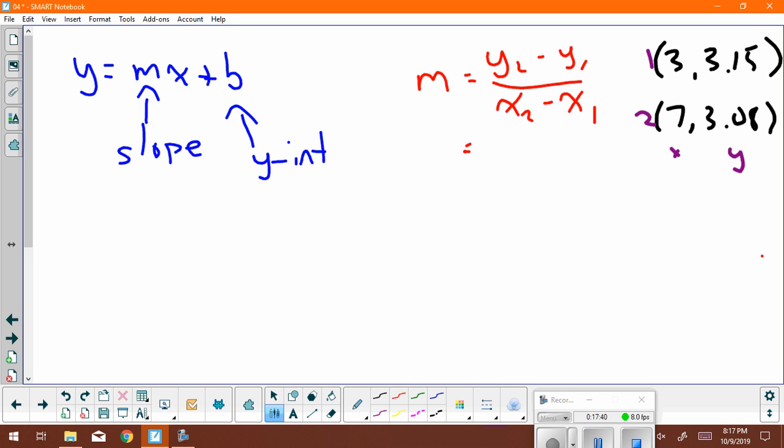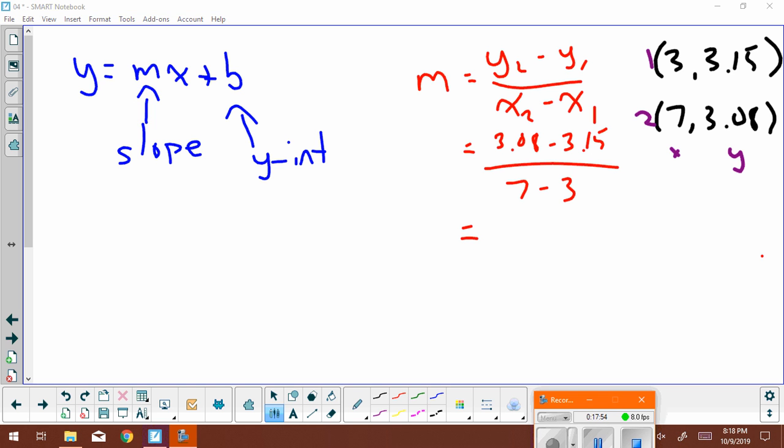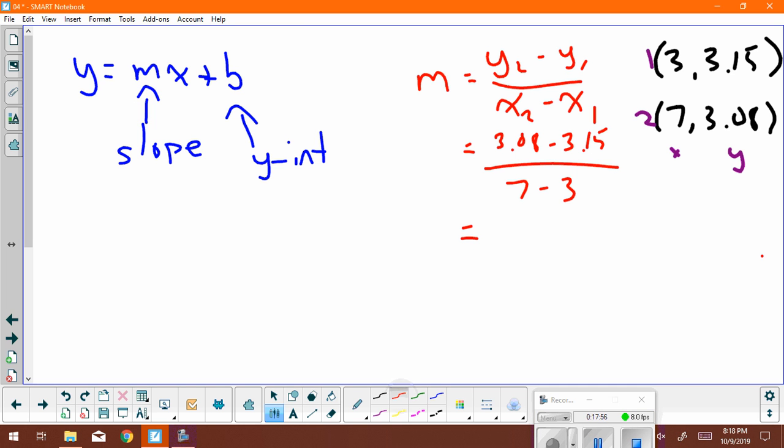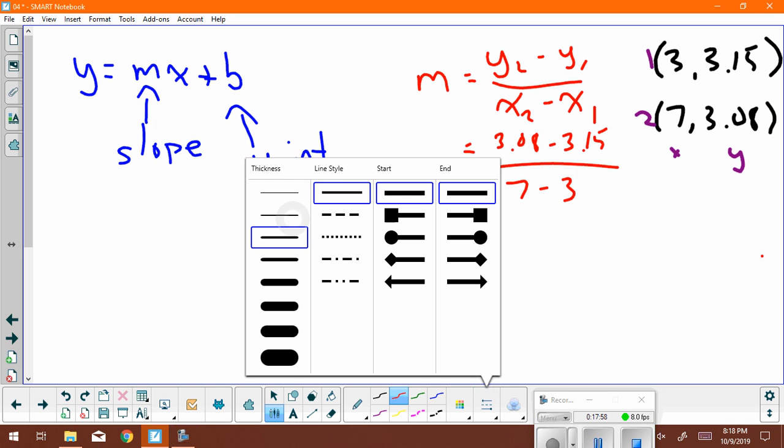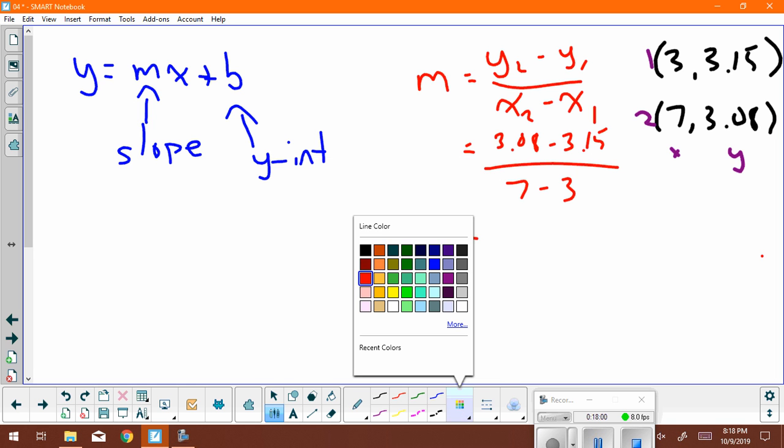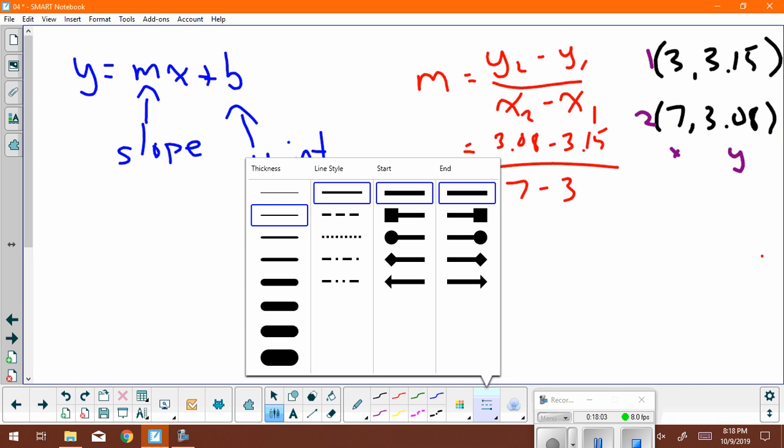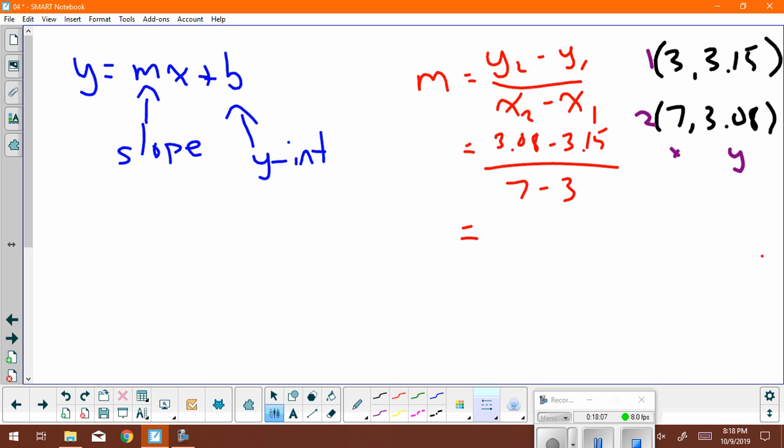Okay, so y2 is 3.08, y1 is 3.15, over 7 take away 3. Okay, so let's see here. It's over 4.